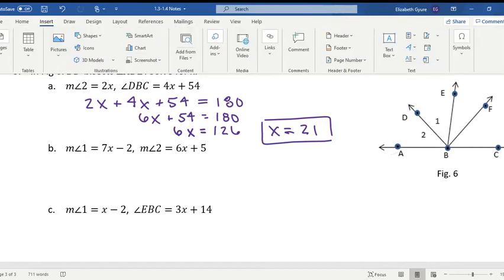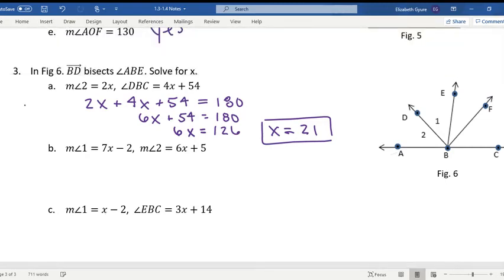So on to part B. Again, make sure we understand that angles 1 and 2 are congruent. And then in part B, you're told that angle 1 has a measure of 7x minus 2. And that angle 2 has a measure of 6x plus 5. Well, you were told that you have a bisector, and your bisector is going to give you congruent angles.